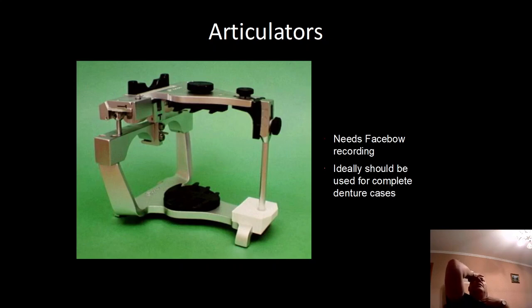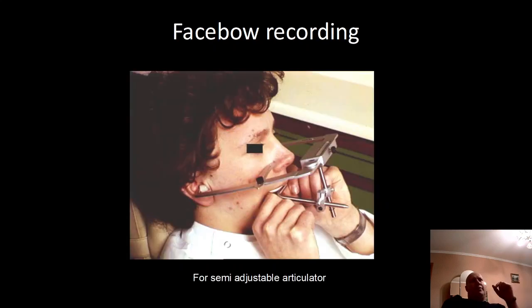You need to record with a face bow, to record your lower jaw movement. You need the transfer fork, so-called transfer fork, to use it. Also, we can have a third point of fixation.